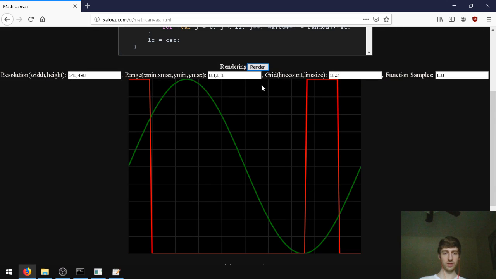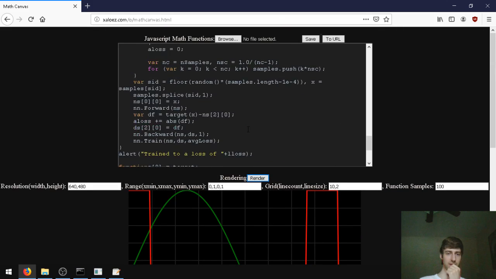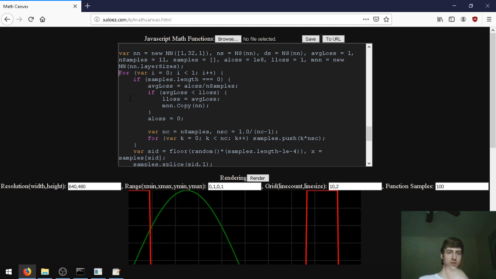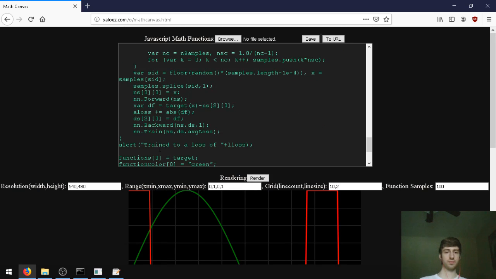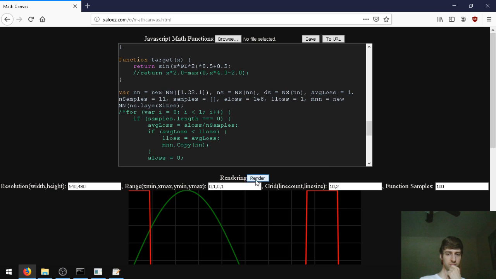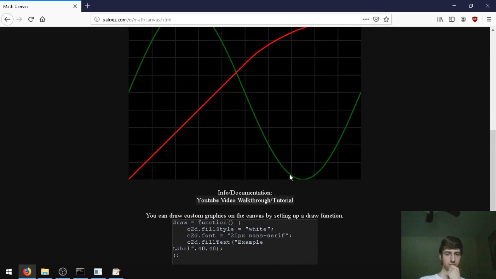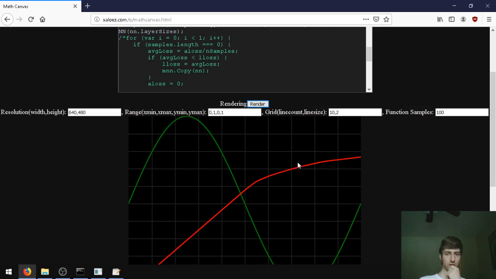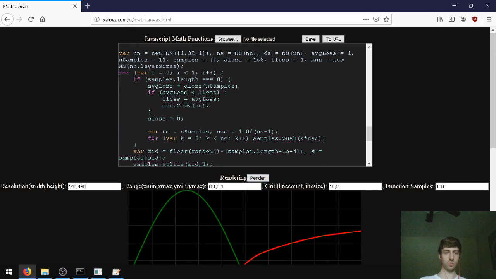It's either all the way up or all the way down. Okay, what is happening here? Not training, is it? Oh, I guess it is training in that one step.